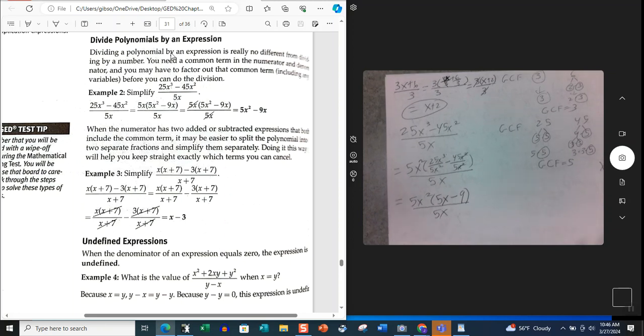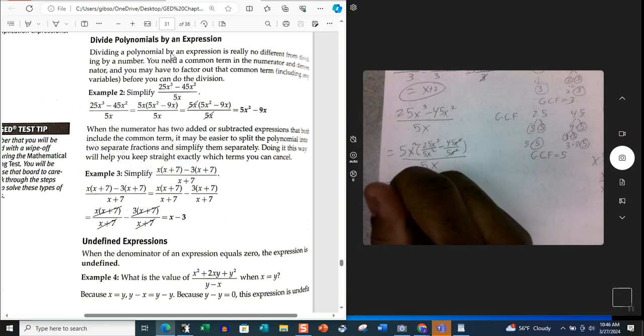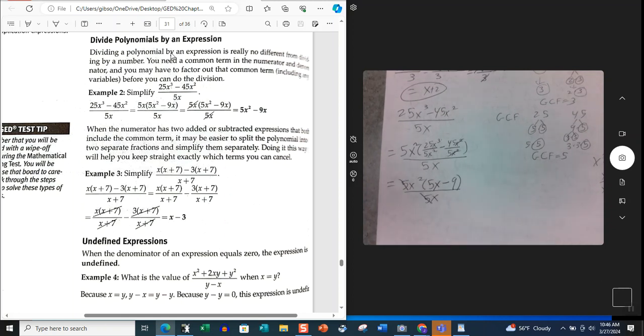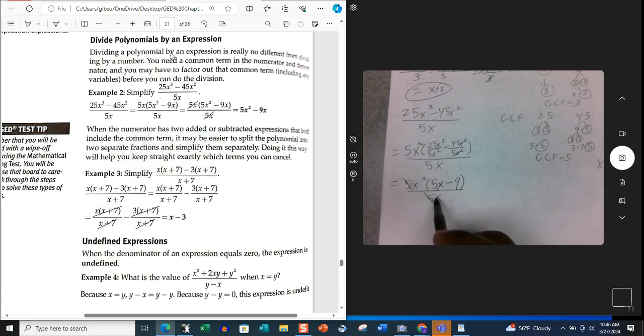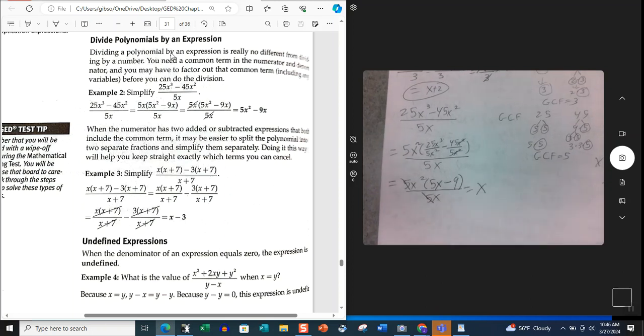Now we're going to simplify. These 5's will both simplify each other out. Now, x squared and x would simplify each other out as well. So x squared and x, we know that that would leave us just x. So we would have x here.